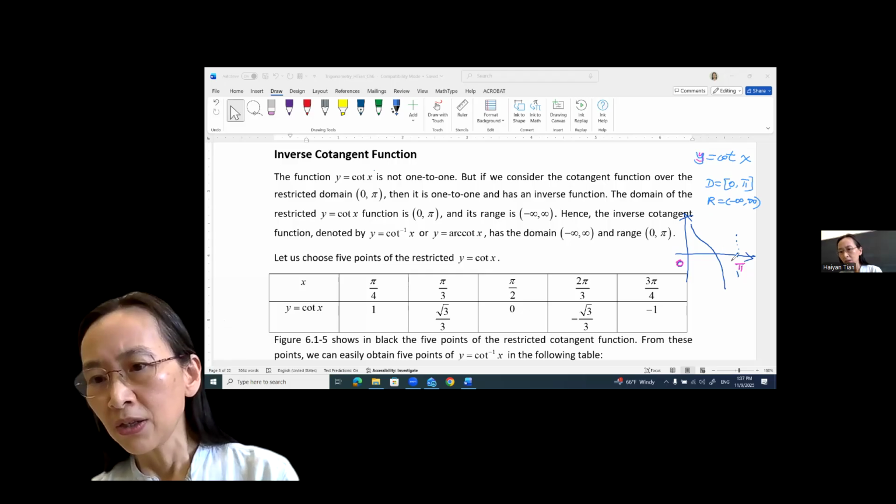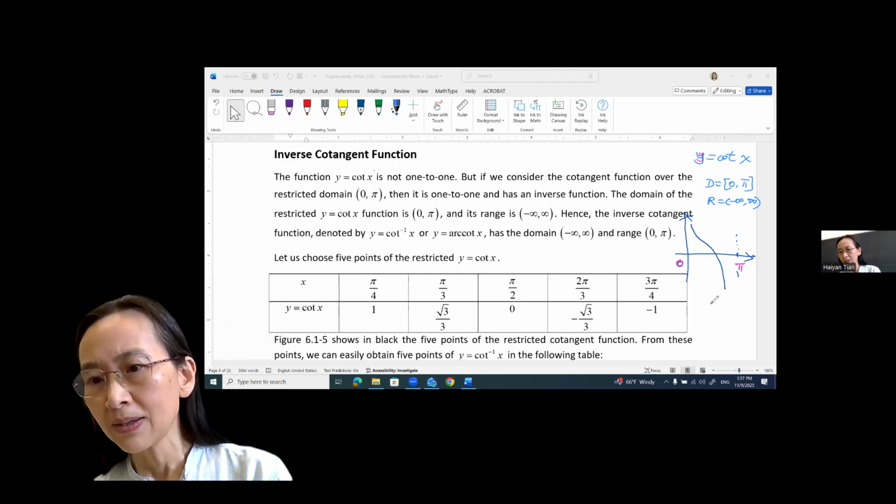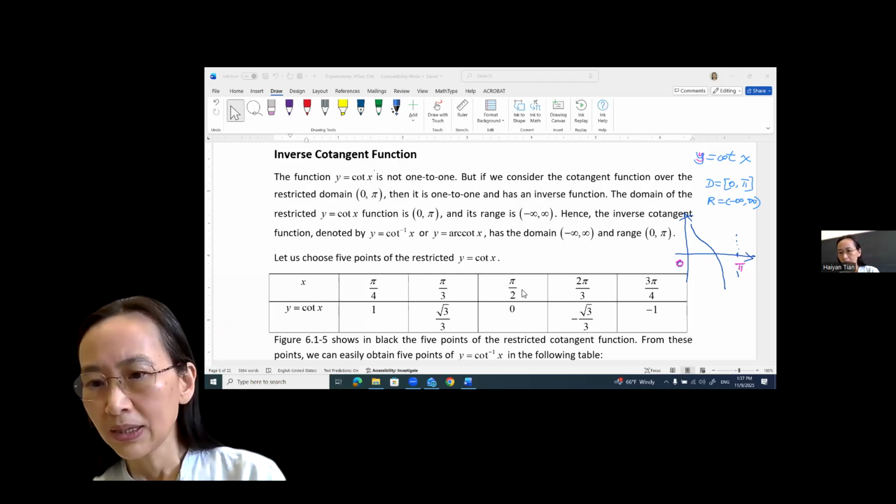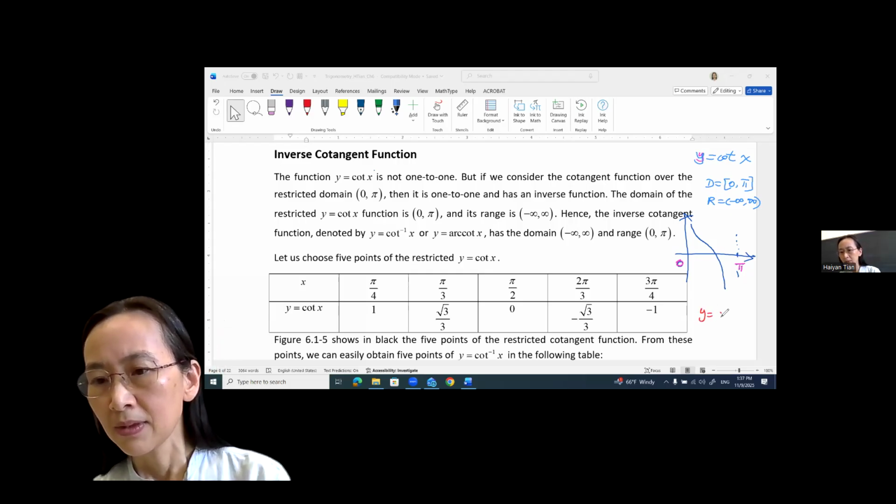And if we take the inverse of this cotangent function, we will denote the inverse function as cot inverse, or sometimes we call it arc cotangent. Either way is fine. So this inverse cotangent function is written with a different name.